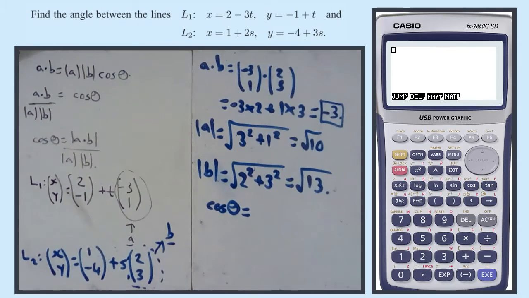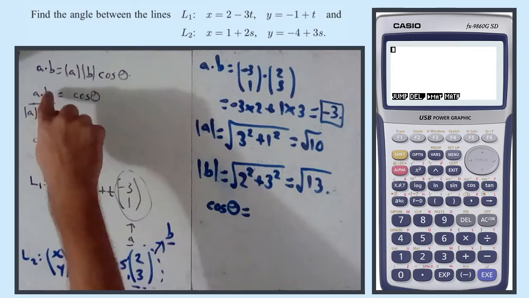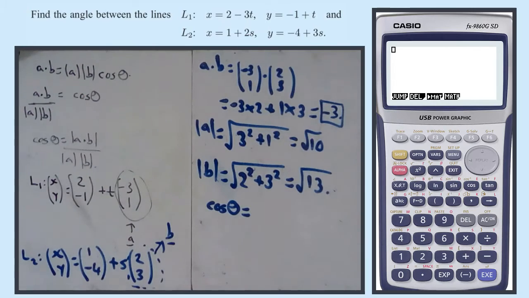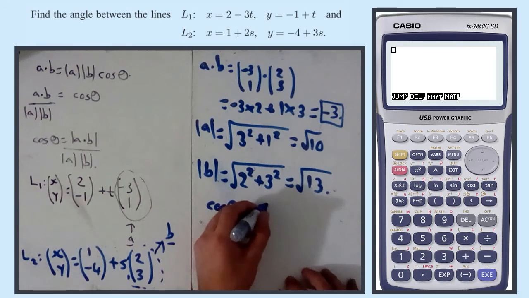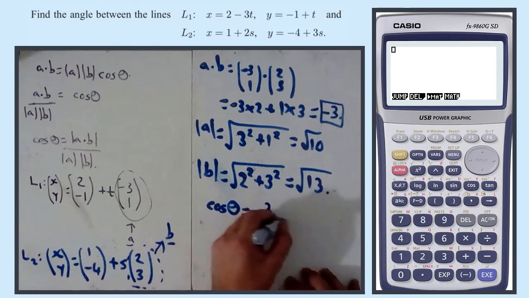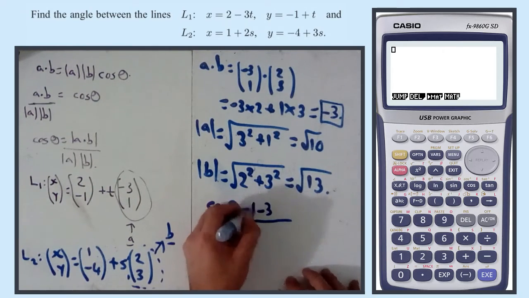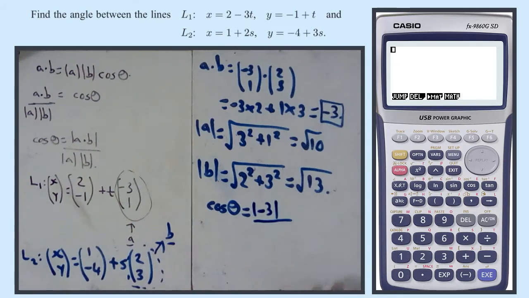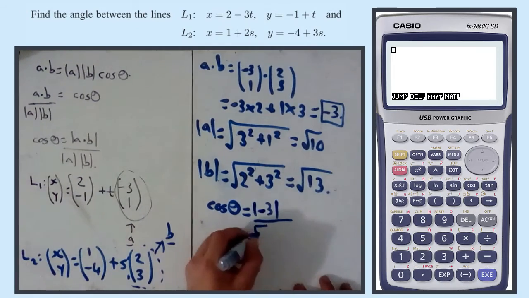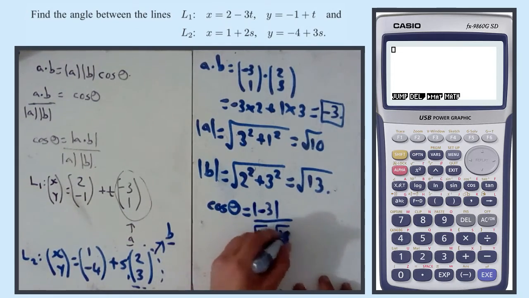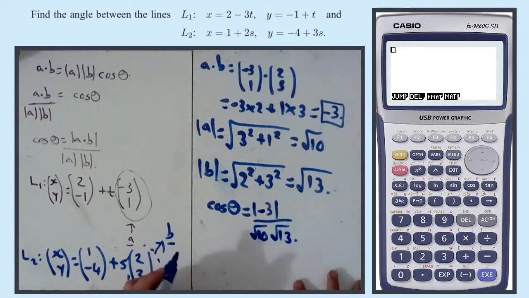So if we use a dot b over the magnitude of a times the magnitude of b, we will get an obtuse answer. If we want an acute answer, which generally you do, I'm going to use the absolute value of minus 3. Just to show the examiner that I know what I'm doing, I'm going to write the absolute value of minus 3 over root 10 root 13.